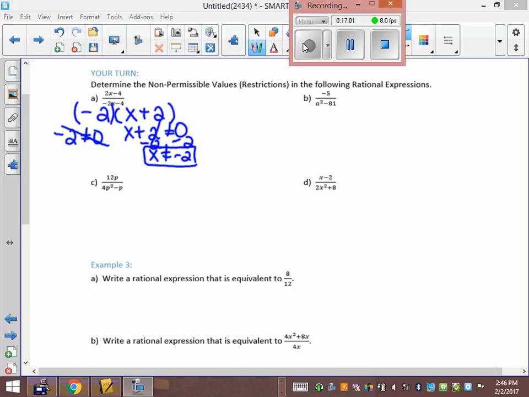With B, a squared minus 81 is the difference of squares. So you get square root of a squared, which is a in the front. Square root of 81 is 9 in the back. And then a plus and a minus. And then you'll have a plus 9 can't equal 0, and a minus 9 can't equal 0.